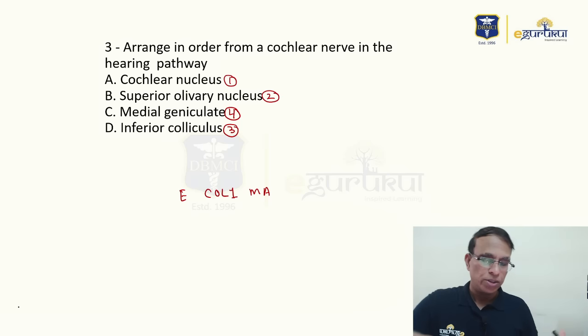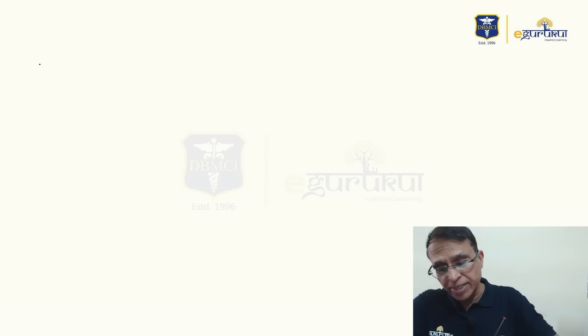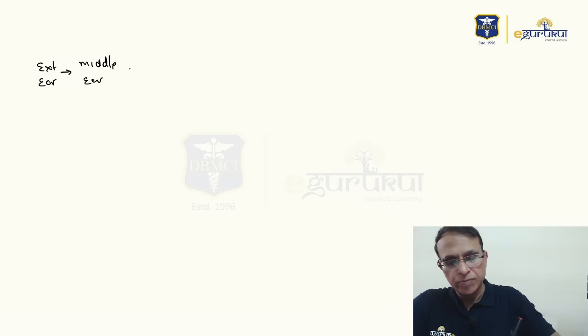E. coli ma. So I told you in the classes that the sound travels from the external ear to the middle ear, and then it goes to the cochlea, inner ear.